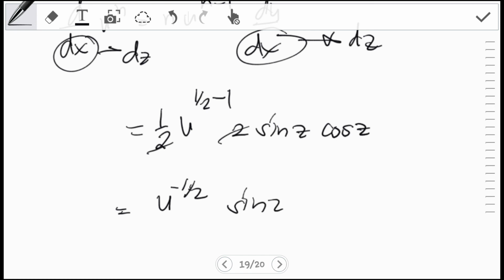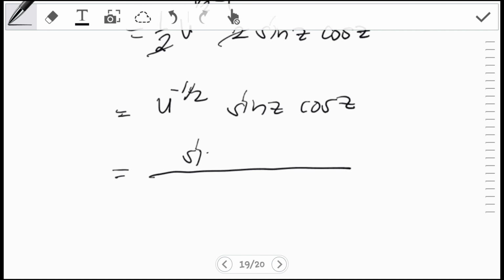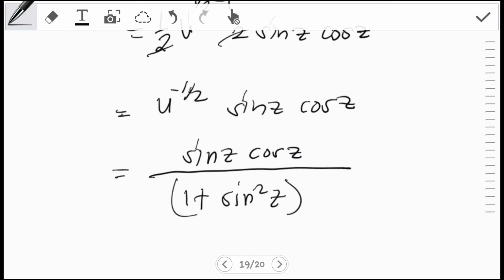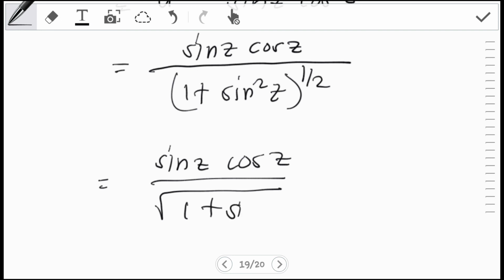Then sine z cosine z over the quantity of 1 plus sine squared z to the power 1/2, is equal to sine z cosine z over the square root of 1 plus sine squared z. Okay, so that is the final answer.